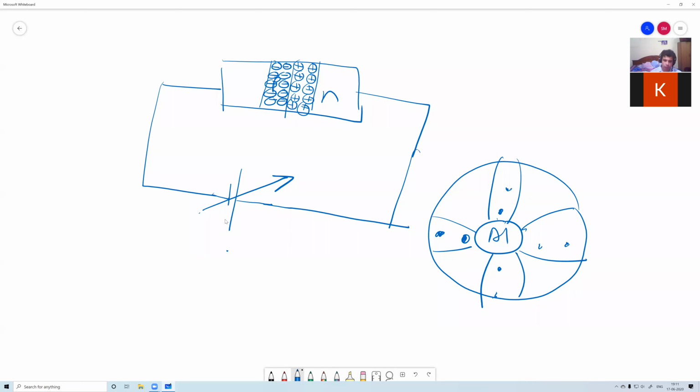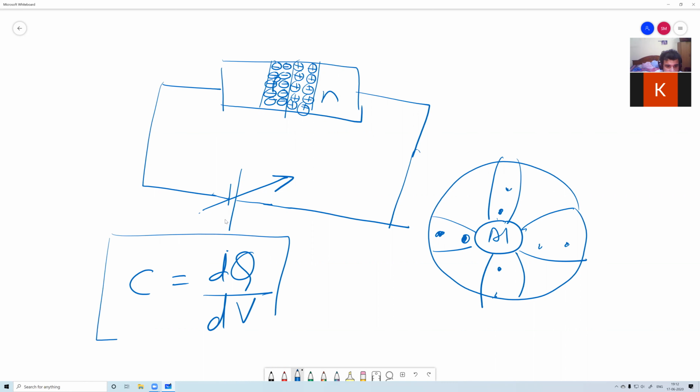So what is capacitance? Capacitance is C = dQ/dV, right? Q varies with W, and W varies with V. So this dQ/dV is non-zero. This gives rise to a variable capacitor.